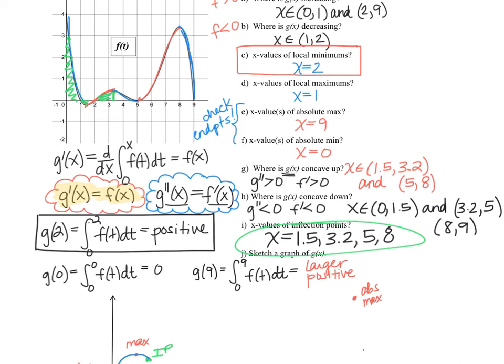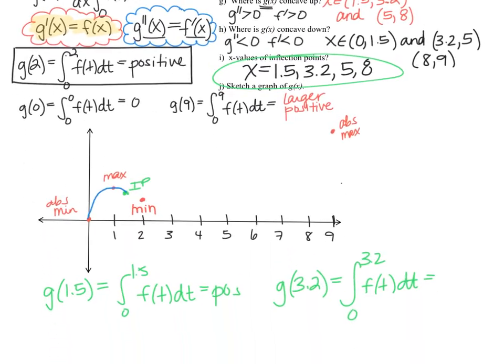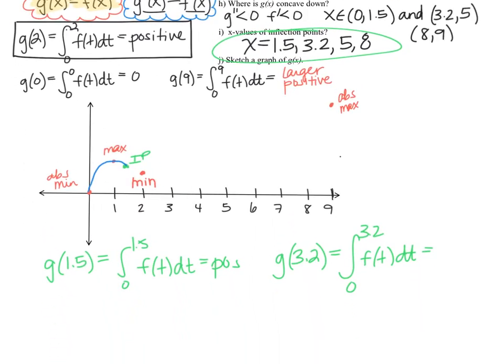See how this is adding on area above the x-axis. So we're going to continue adding positive area. So g of 3.2 is going to be even bigger than our value at g of 1.5. So this is going to be a larger positive number. So at 3.2, I'm going to graph an inflection point that's a little bit larger than our maximum we had before.